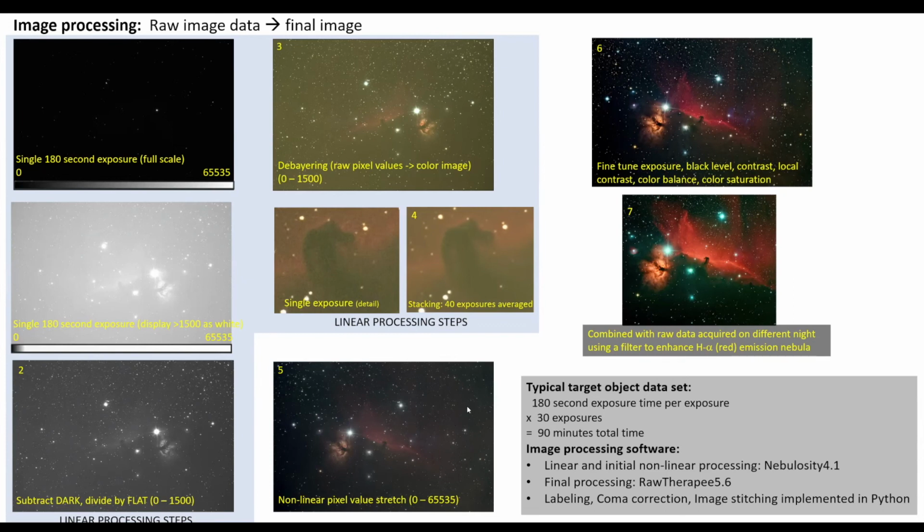I mentioned this nonlinear pixel stretch. So you have a whole host of different ways that you can adjust the nonlinear exposure level. You can do black level correction, contrast, local contrast, color balance, color saturation, linear filters, vignetting filters.